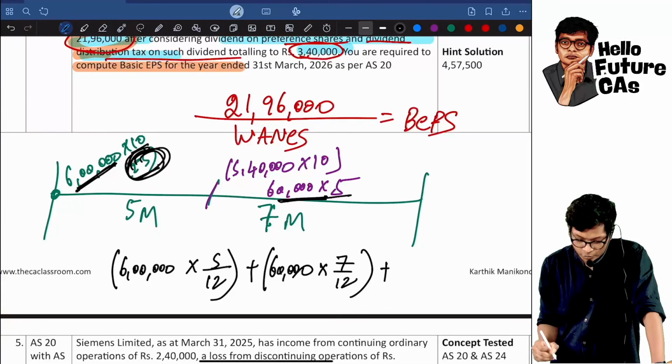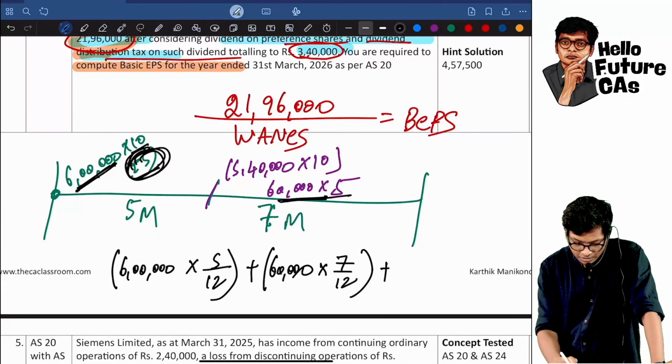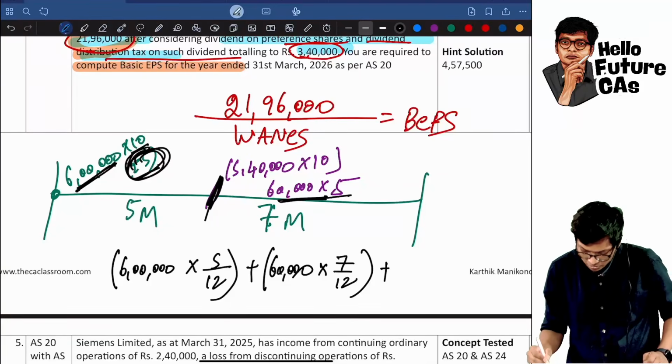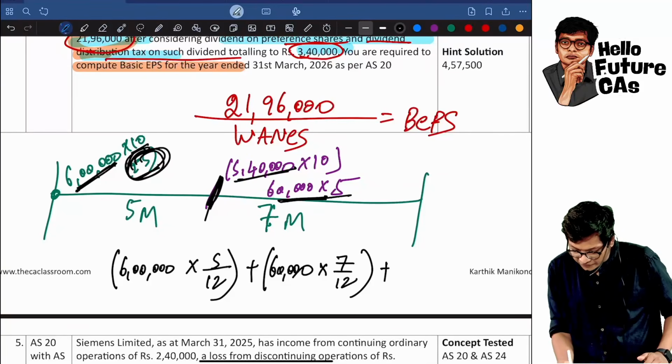So basically we are doing share basis here. First shares, and I'm keeping the cut off over here. Time basis now, okay.